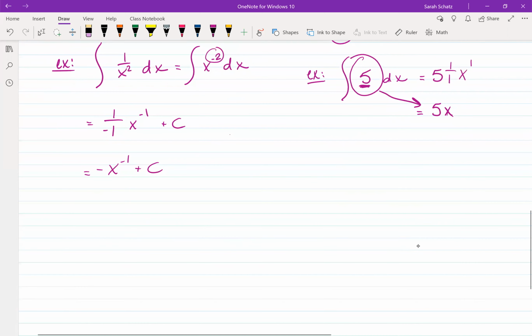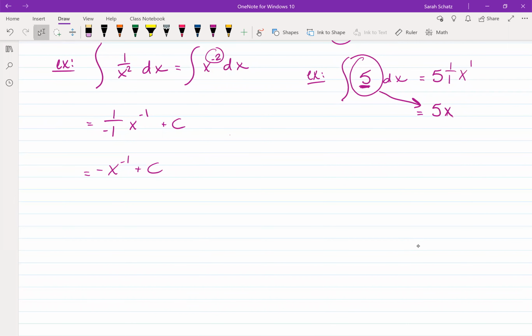Let's do some more on that coefficient business. Remember I said on this one, the coefficient just comes along, and it absolutely does. So what if I had 7x to the 8th dx? Well, let's take the antiderivative using the fact that coefficients are still just going to come along. I would have a 7, and then I would do the power rule here on the x to the 8th.